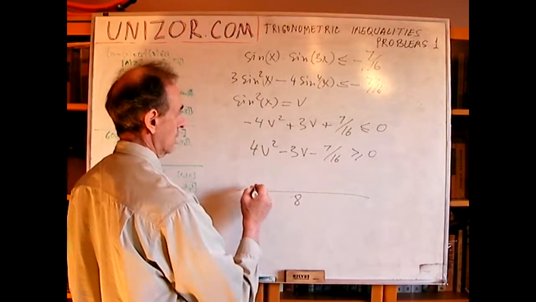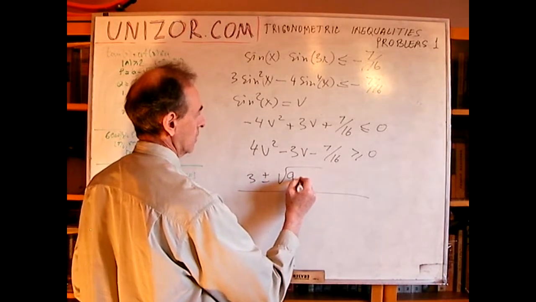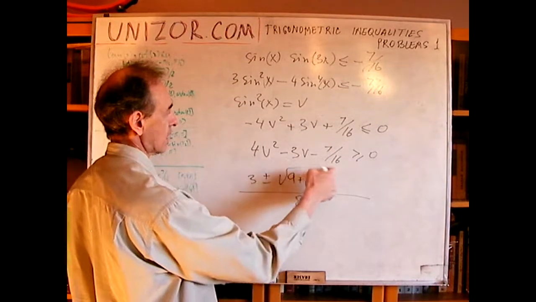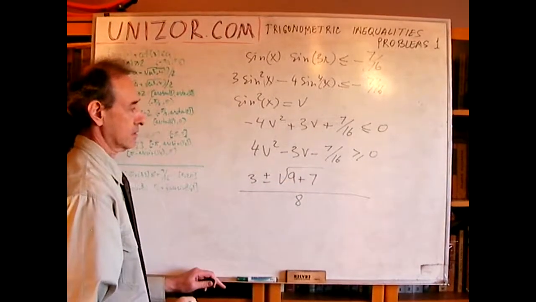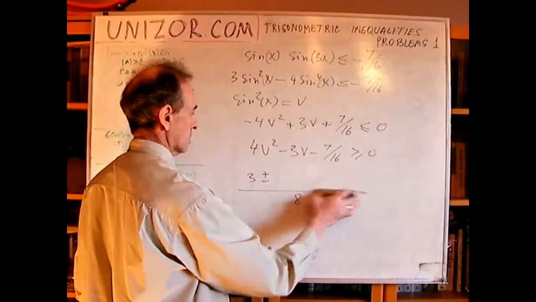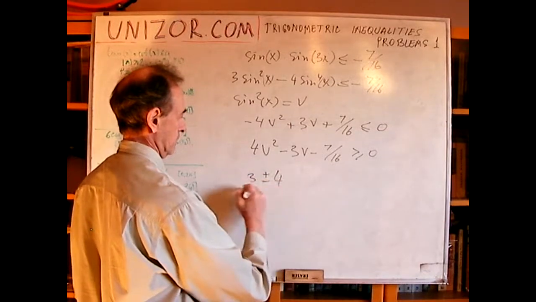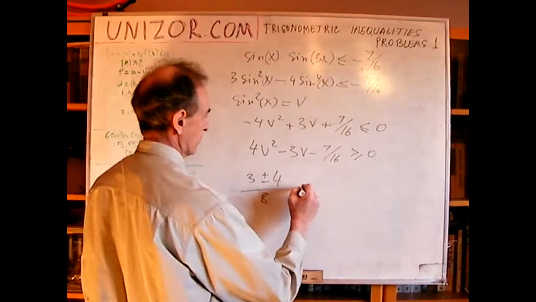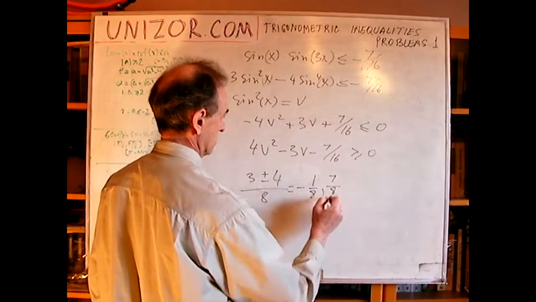So it's 3 plus minus square root of 9 minus, so it's plus because it's minus 4 times this, 4 times 4 is 16, so it's just 7, right? 9 plus 7 is 16, square root is 4, so that's what I have, which is minus 1/8 and 7/8.